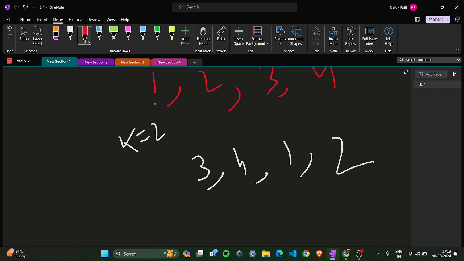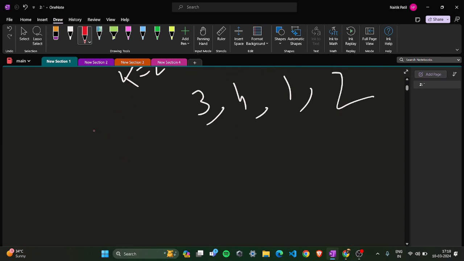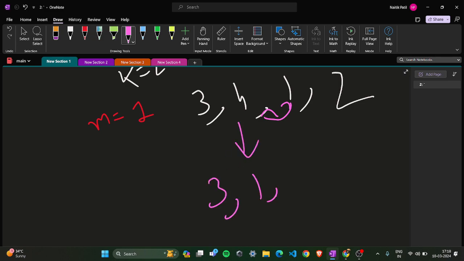And secondly, we are swapping any two elements m times. So let's suppose our m was 1, just 1. So we can swap any two elements. Let's suppose we are swapping these two. Then our resulting permutation will be 3, 1, 4, 2.